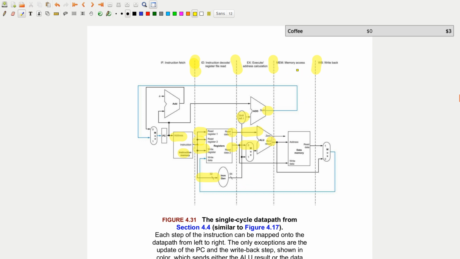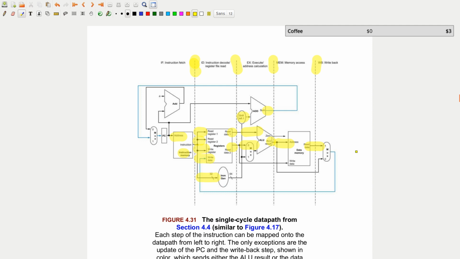Once we get to the memory access stage, whatever address we calculated here will go to data memory, and we'll decide here whether or not we're doing any data reads or data writes. And then finally, at write back, if we're doing something like a load instruction, we're going to have to read out this data from memory and take it all the way back to the register file.